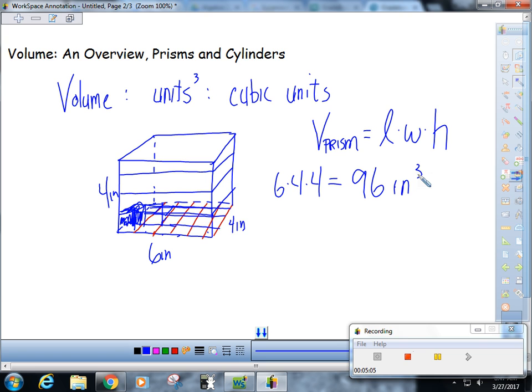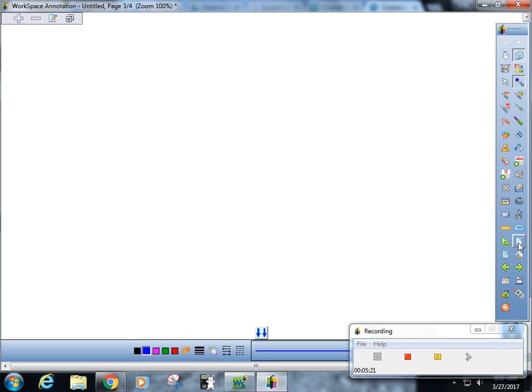Okay? So we only have one more note today to take. We now know the volume of a prism is length times width times height. Hopefully you already understood that. So then what's the volume of a cylinder going to be? Again, my hope is that you don't need to memorize these.